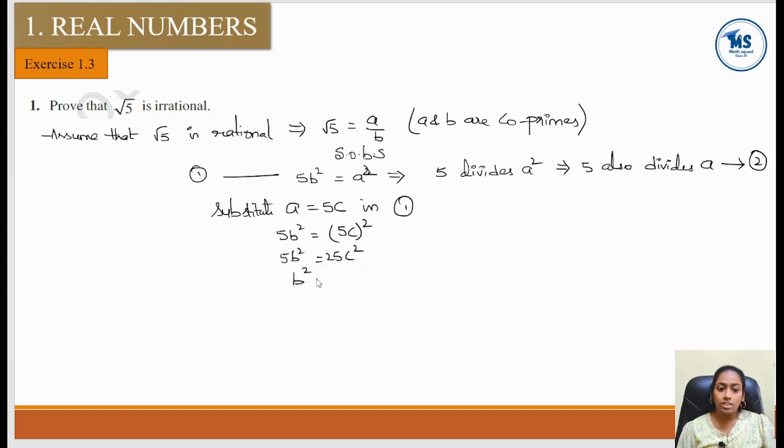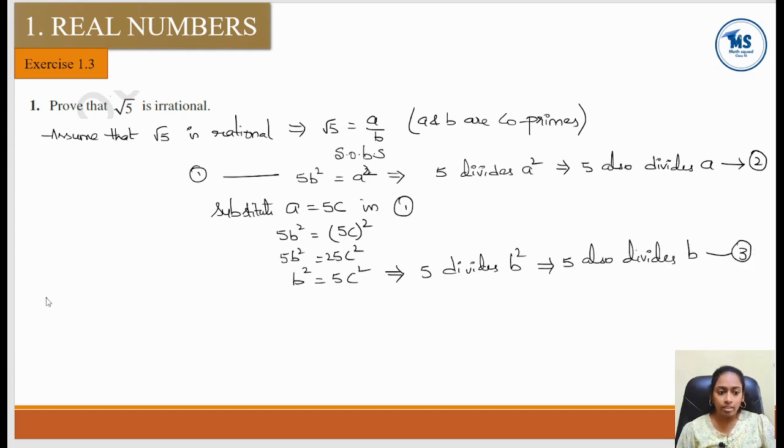Then b square is equal to 5c square. That implies if b square is equal to 5 into something, then 5 divides b square. If 5 divides b square, we know that 5 also divides b. This is our third equation.